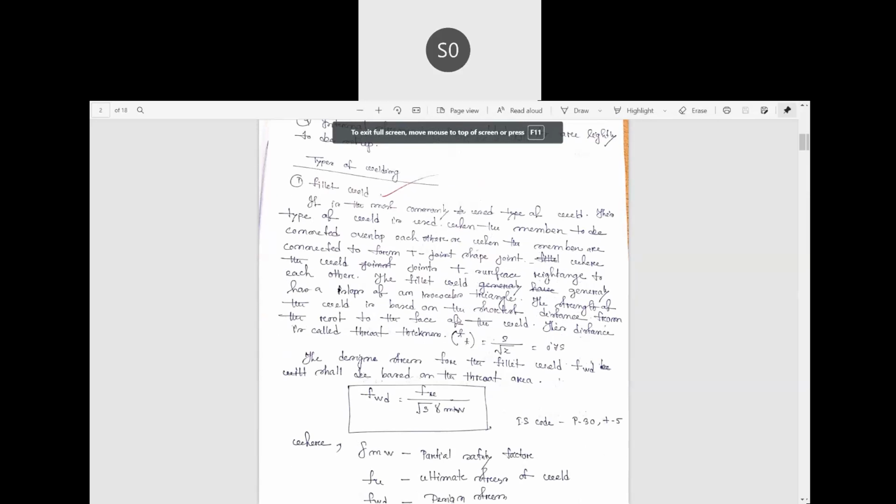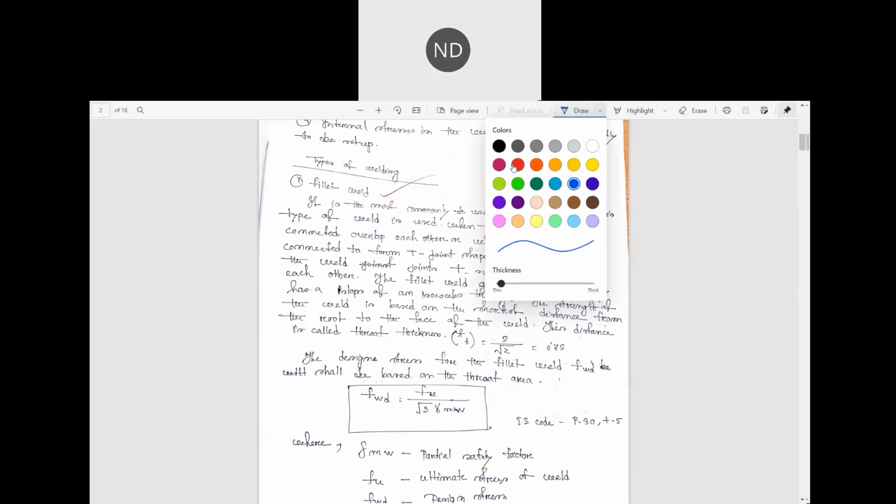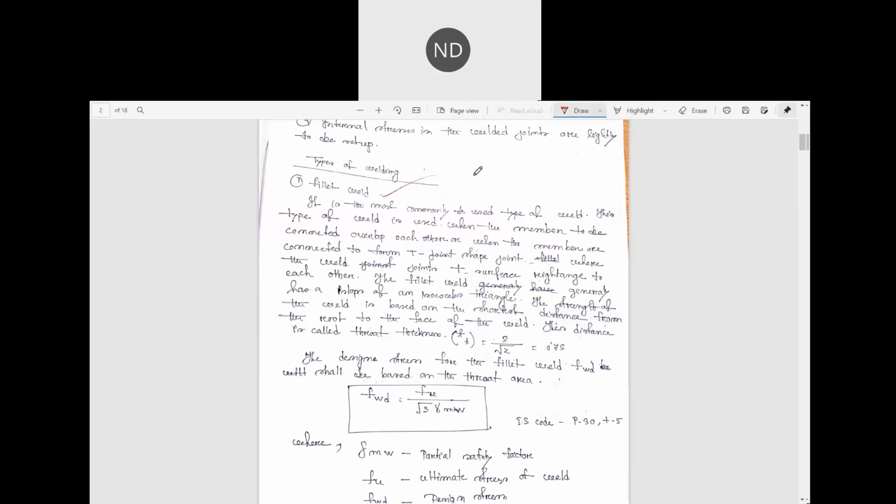So last class we were doing fillet welds, how to determine the strength of your fillet welds. Fillet welds were what? This one. Let me take the pencil. Your fillet weld was the one which used to be isosceles.